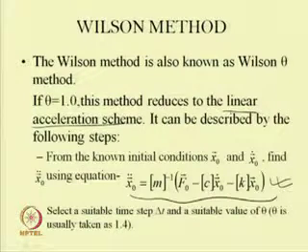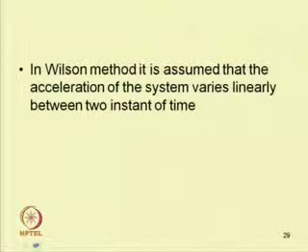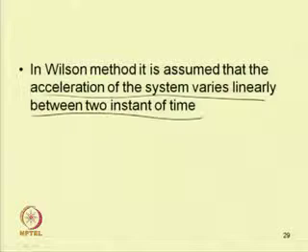So, we have to select a time step delta t and a suitable value of theta. Generally this value of theta is taken to be 1.4, and here we are assuming linear acceleration, that is, the acceleration of the system varies linearly between two instants of time.